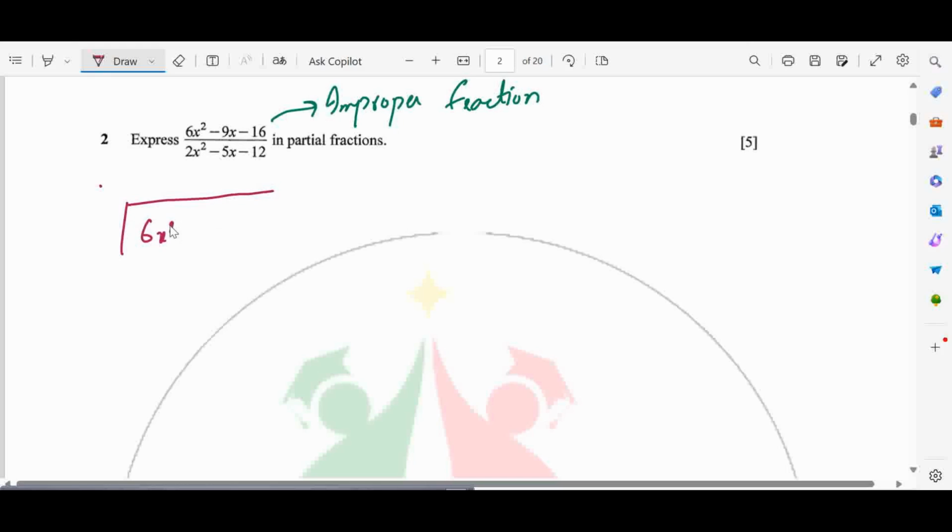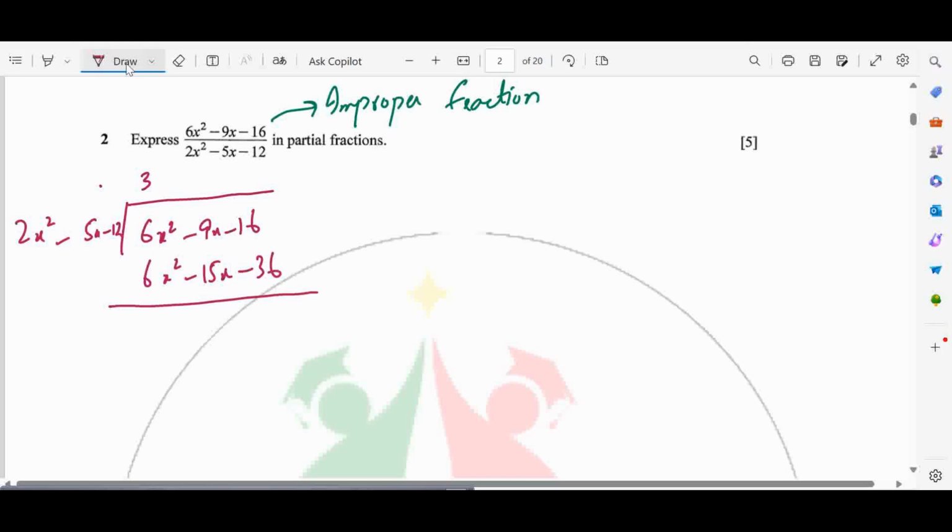So 6x squared minus 9x minus 16, divided by 2x squared minus 5x minus 12. Now 2 3s are 6, x squared; minus 5 3s are 15, 15x minus 36.